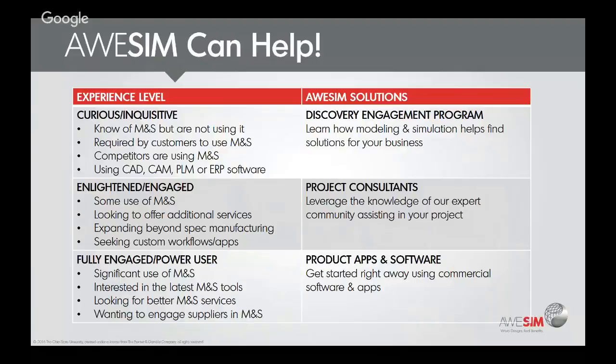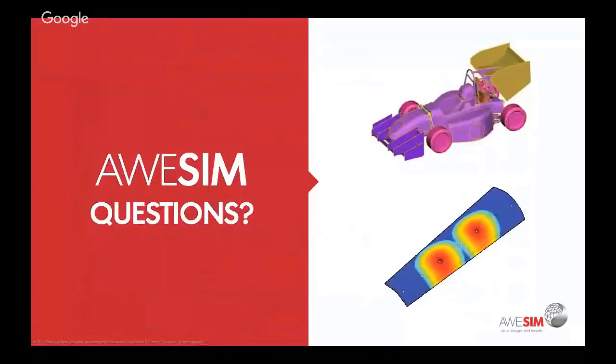Whereas at the more extreme power user level, you're already doing this. Great. We'll give you some accounts. We'll get you access to some software, show you how to maybe create an app if you want to encapsulate something. And, wonderful. We'll help you. But it's really, we have clients on all these levels, and we work with them, and we want to be very responsive across the whole spectrum of people.